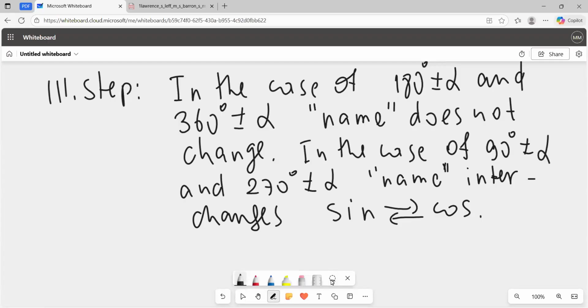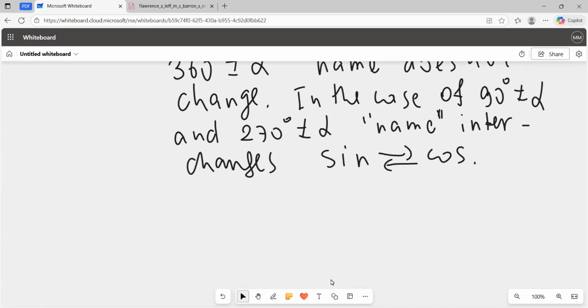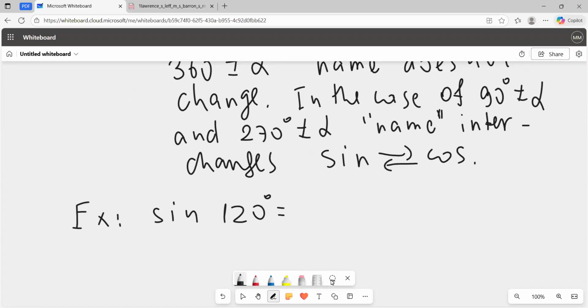Now, for example, consider that we want to find sine of 120 degrees. First step, write 120 degrees as, for example, 90 degrees plus 30.